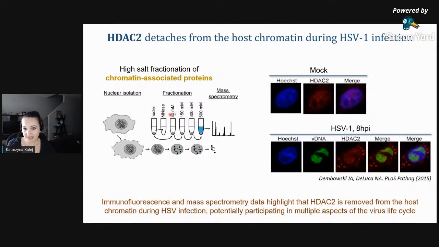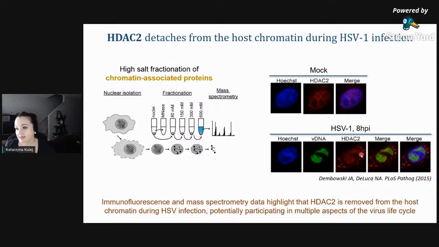So also what we saw in our results, and was previously published by a very nice paper from the Luca lab, is that the HDAC protein, so histone deacetylase, is actually retained on the viral chromatin but nearly completely excluded from the host chromatin during infection.